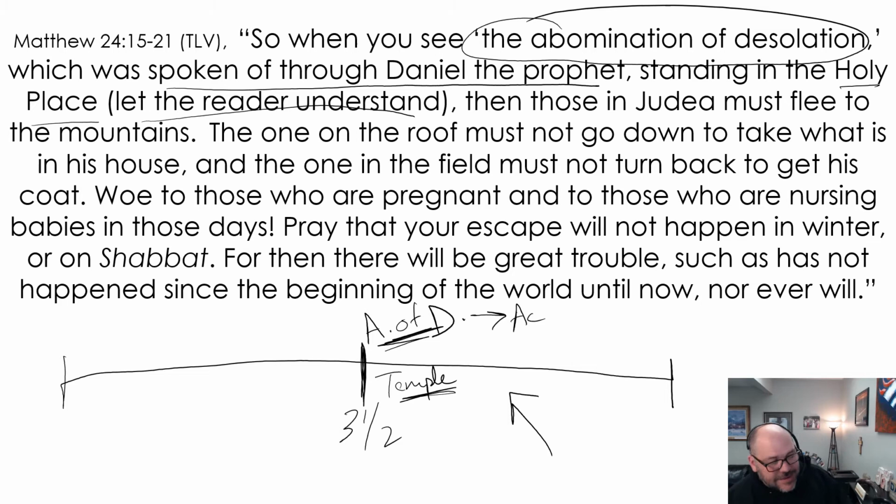So in Daniel, it says that when this king comes and he sets up and he comes against the temple, he is going to kill, he's going to destroy, he is going to do horrific things. He's going to speak smooth words to seduce others to come along with him. He will stand against the people of Israel.